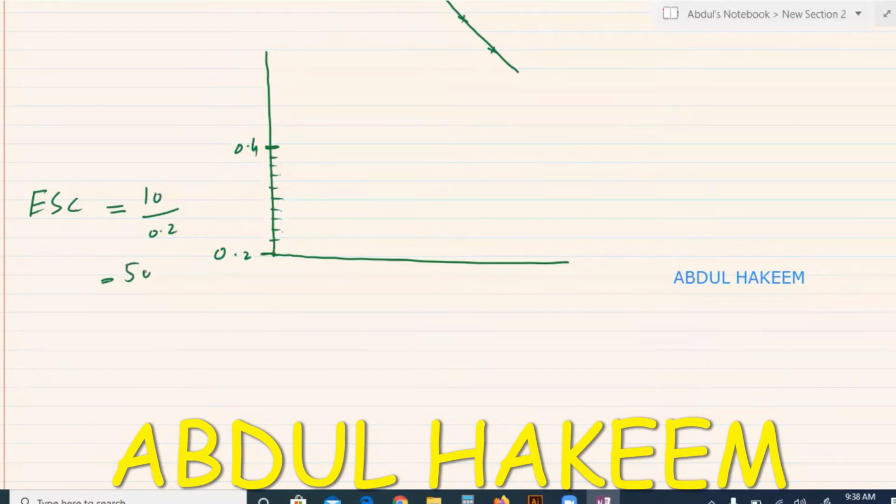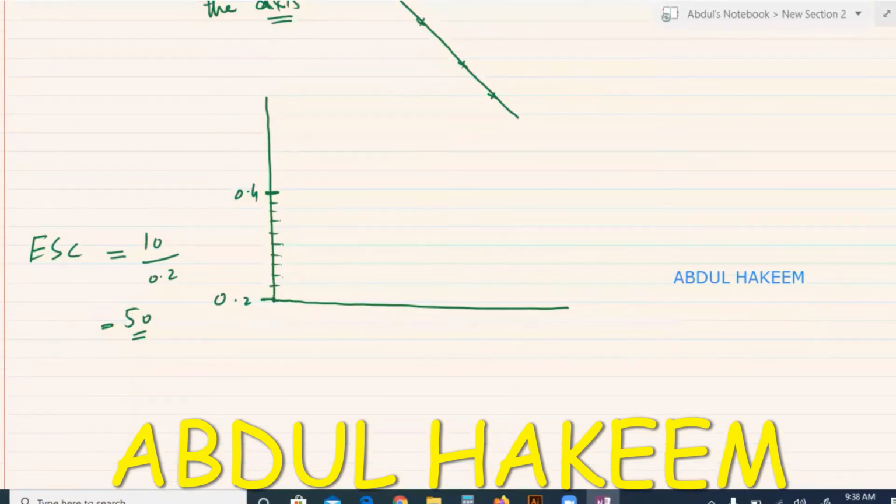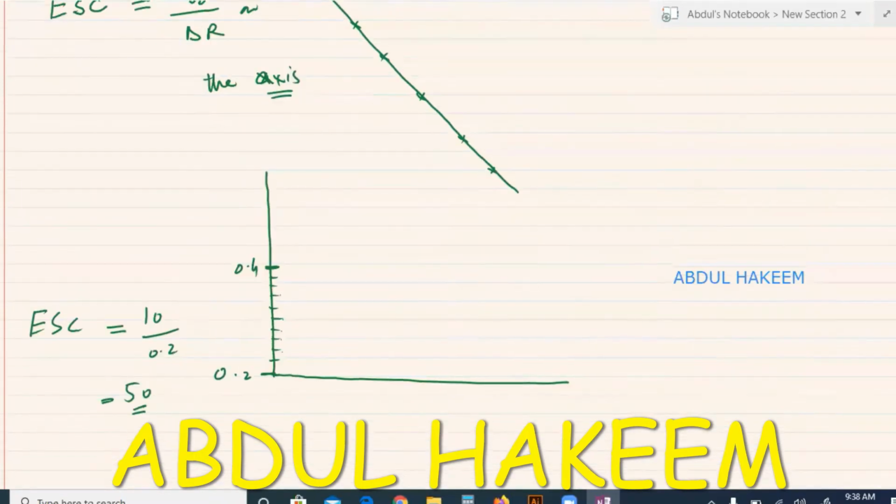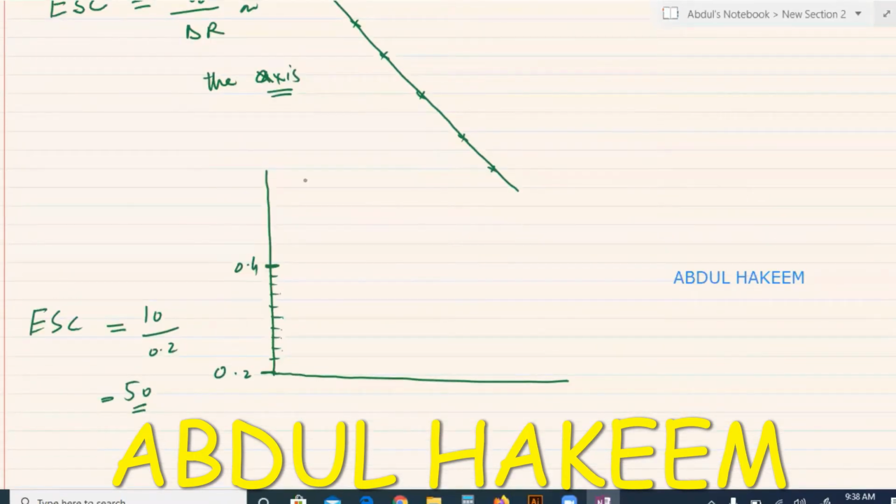So it is 50. So in this way, we have to calculate the error scale constant. You can take 20 divisions, 20 boxes, 30 boxes, but the number of boxes divided by their difference of the reading. I took here 10, so the difference of these two will be 0.2.